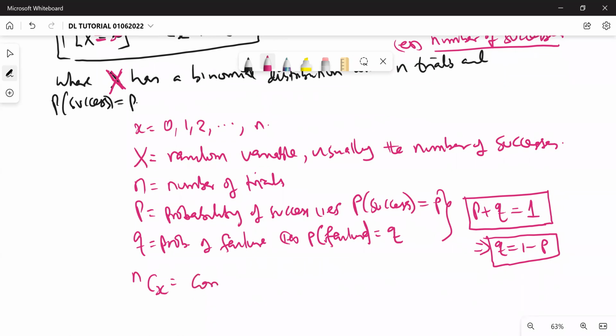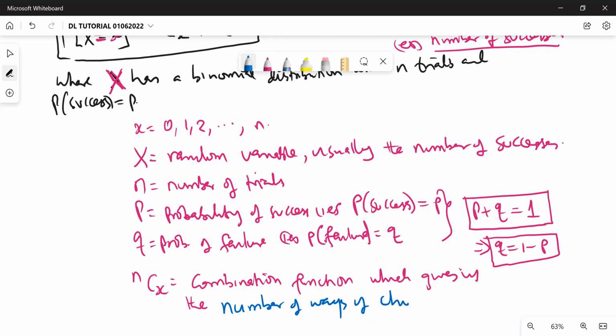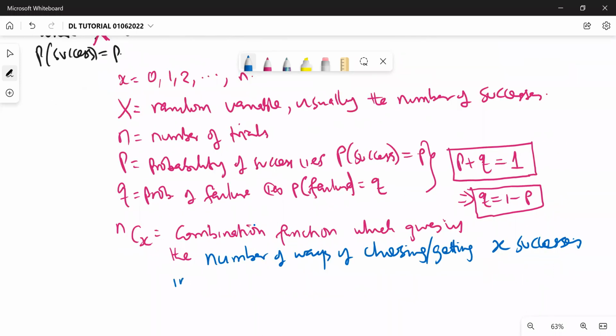It is a mathematical function which gives us the number of ways of choosing or getting x successes in n trials.